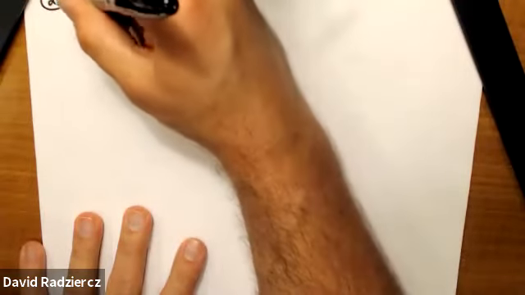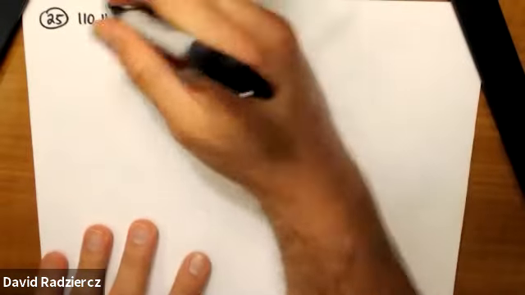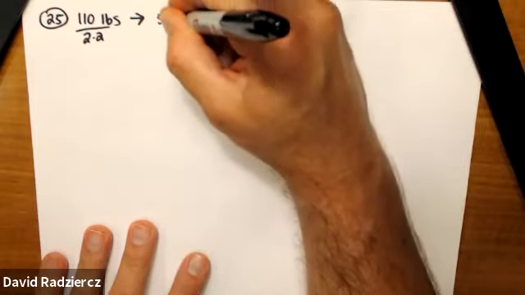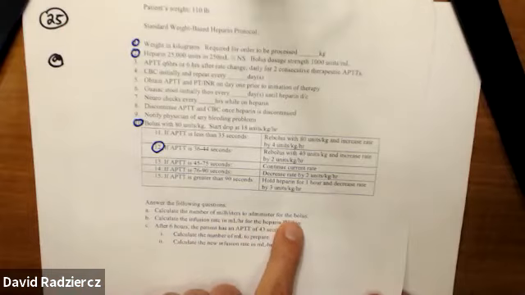Step one, we're going to convert the patient's weight in pounds to kilograms. So your 110-pound patient, divided by 2.2, is 50 kilograms. Question A says, calculate the number of milliliters to administer for the bolus.